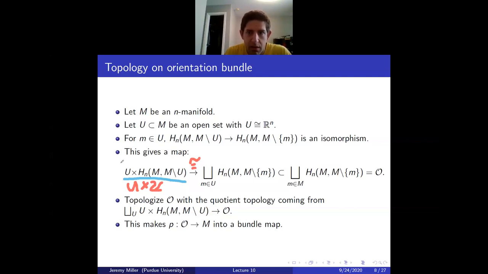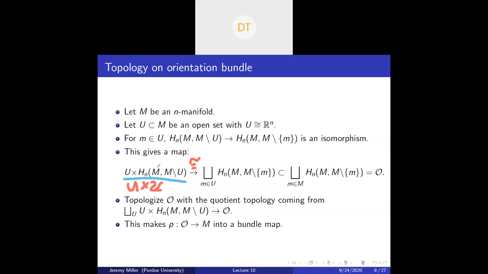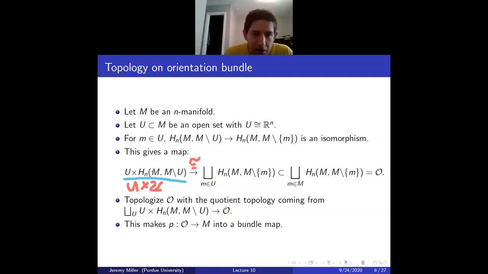Yeah, just the product topology. Yeah, but this has a reasonable topology. Just view this as discrete. This is isomorphic to Z and view it as discrete. But then U has a natural topology, so just give this the product topology. And then we're basically just going to declare that this bijection is a homeomorphism, which will topologize this.